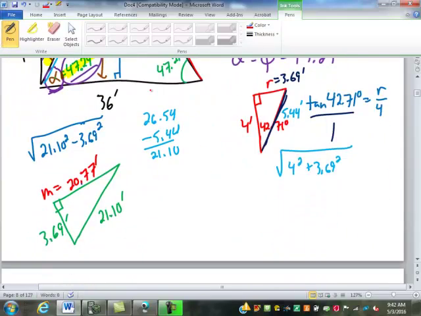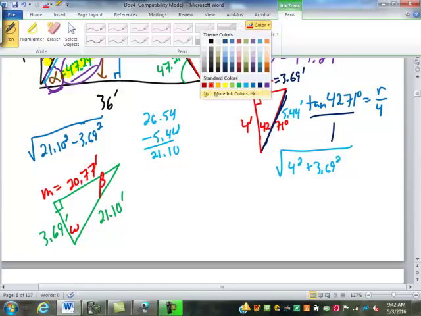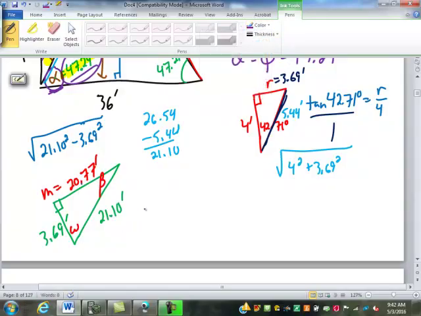Now I've got angles omega and beta here. I can find either one of them. It doesn't matter which. I'm going to find omega. I'm going to use the inverse cosine. Cosine is adjacent, which is the 3.69, over hypotenuse, which is the 21.10.